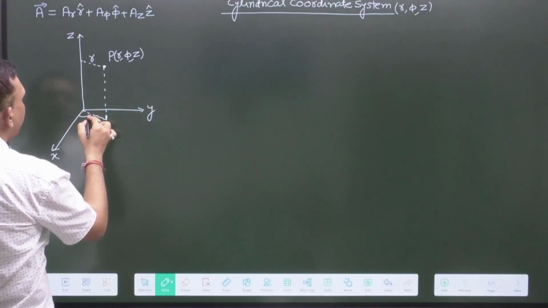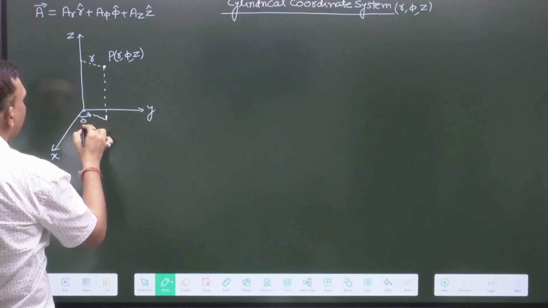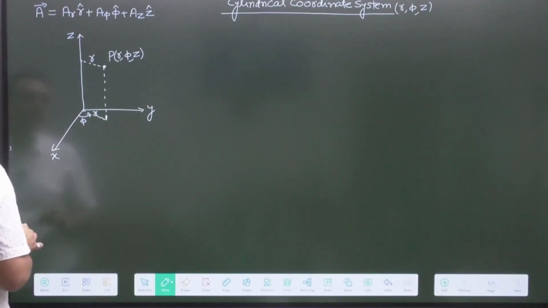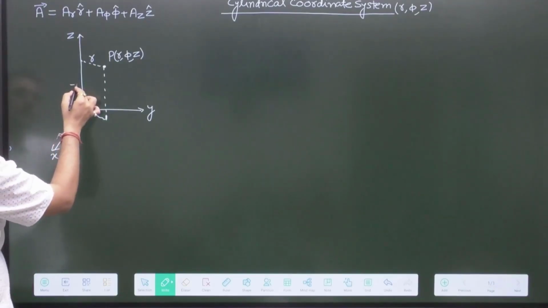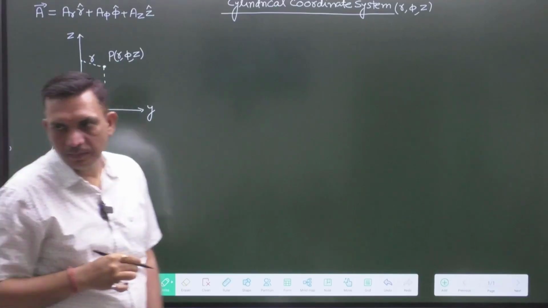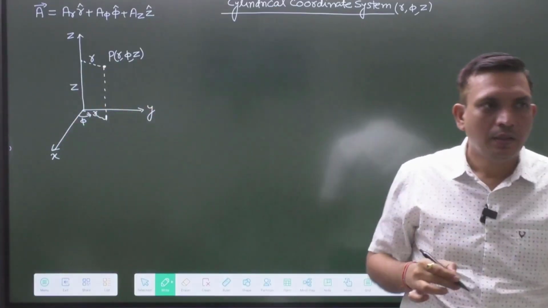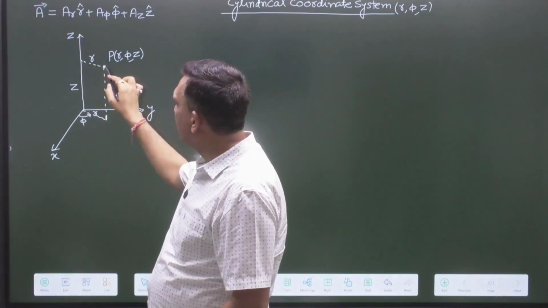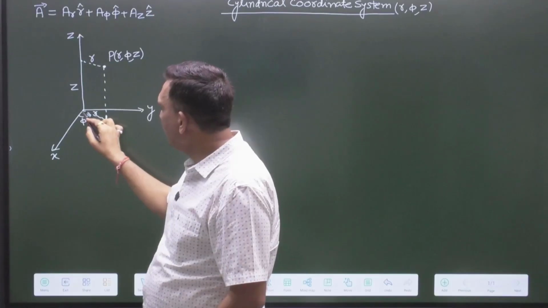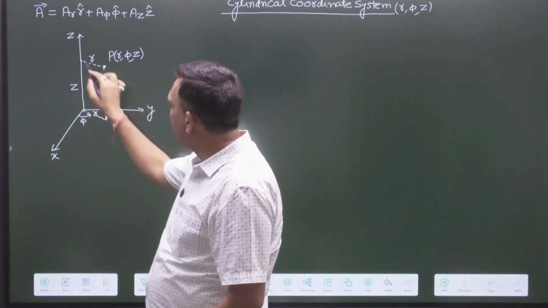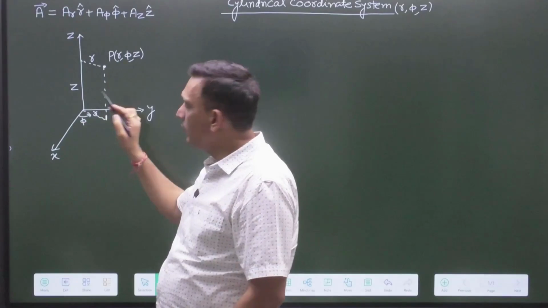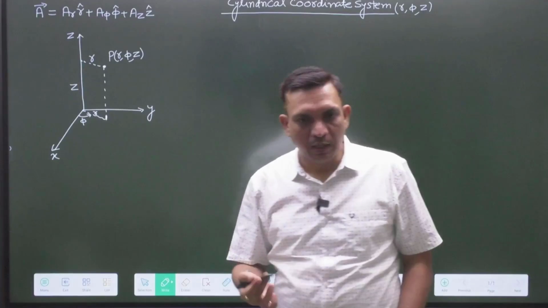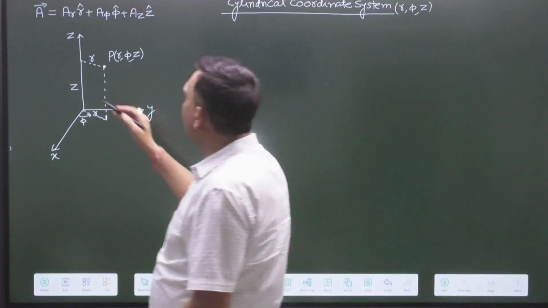Phi is this angle made by this plane with the x-axis. This is also radius R, the same radius R, and z is along the cylindrical axis. The plane which contains radius vector R makes an angle phi with the x-axis. So phi has the same symmetry as in spherical polar coordinates, and z is the cylindrical axis.